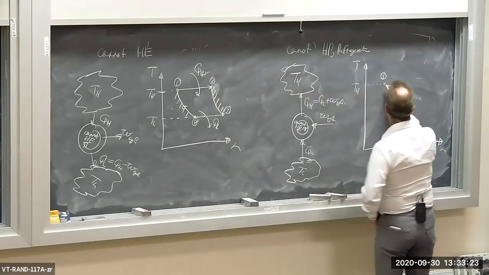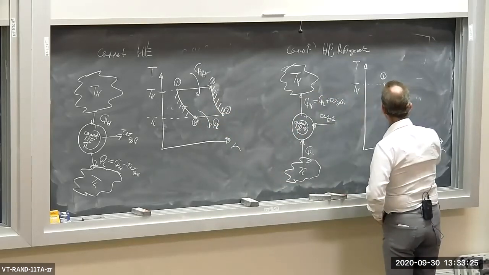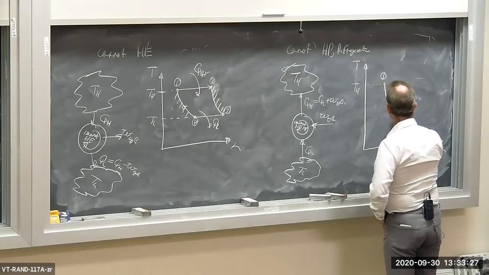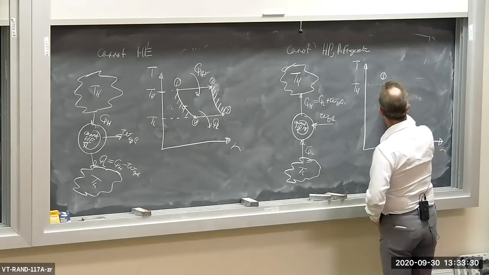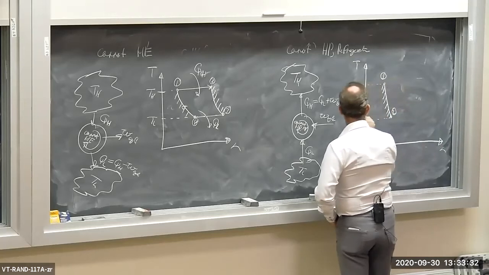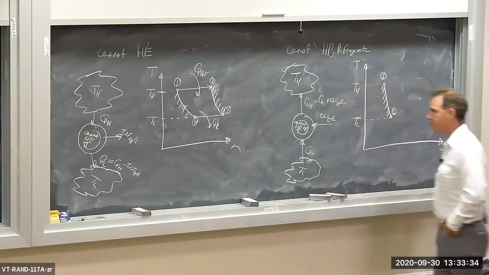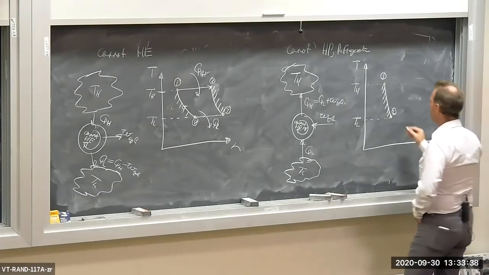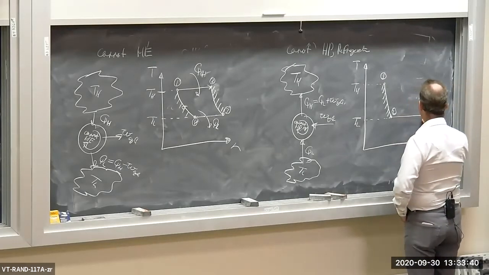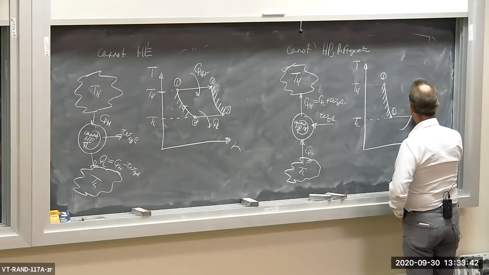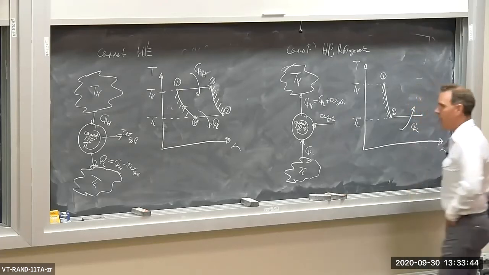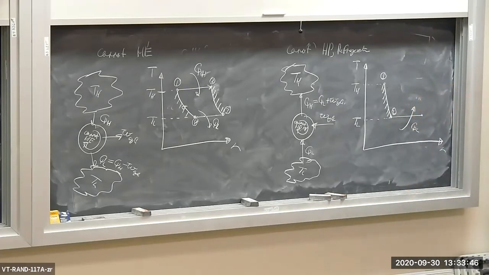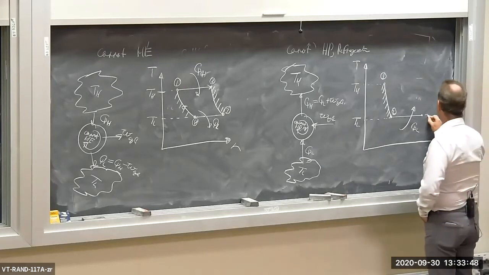So we start off with an adiabatic expansion down to the low temperature, the reservoir temperature. We now expand the working fluid isothermally, receiving QL from the low temperature reservoir. So that's expansion from state 2 to state 3.